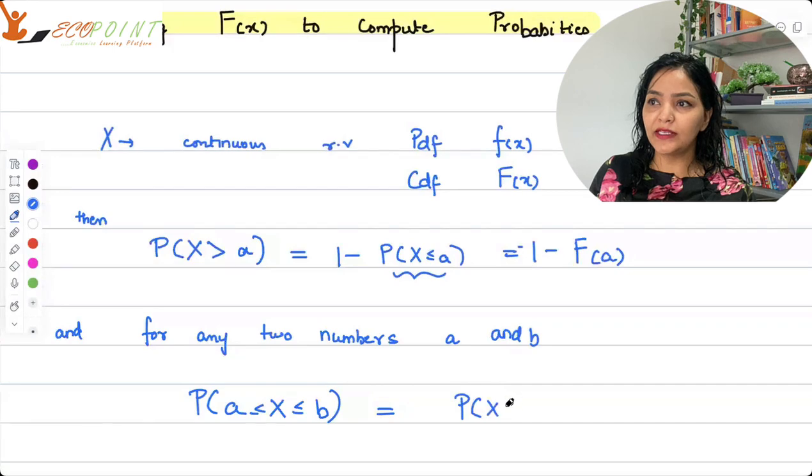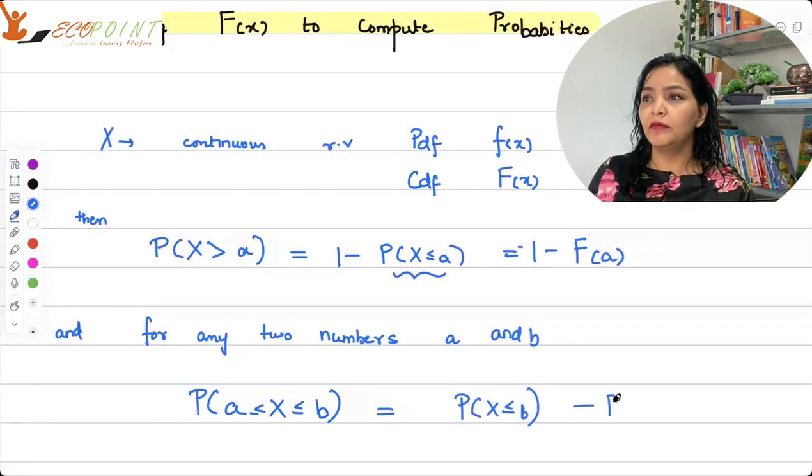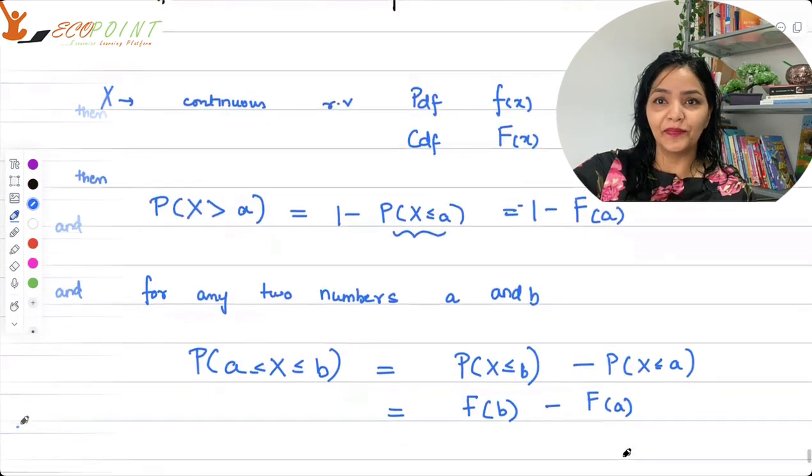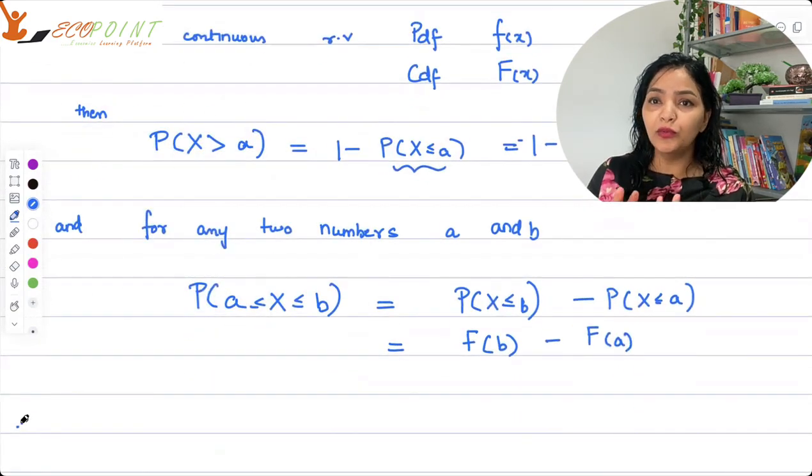It's the probability X is less than or equal to B, that is probability till B, minus probability till A. So it turns out to be nothing but capital F at B minus capital F at A. These are the two most important uses of capital F. Of course, there are other things as well. So basically, this is how, when mathematically you are trying to calculate the probabilities, you will use CDF.